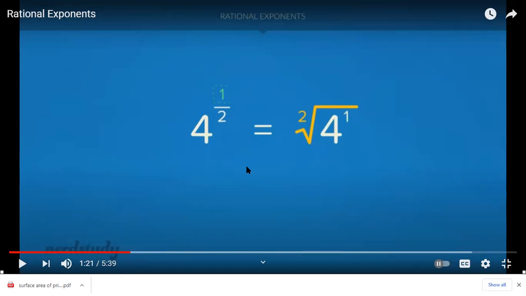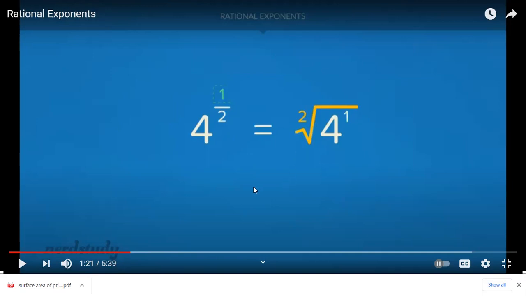We will get the denominator and turn it into the degree of the root. Yes, the denominator will be the degree of the root. And then we'll get the numerator and put it as an exponent. Thank you so much.